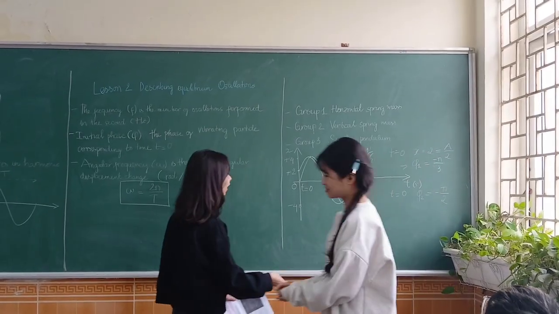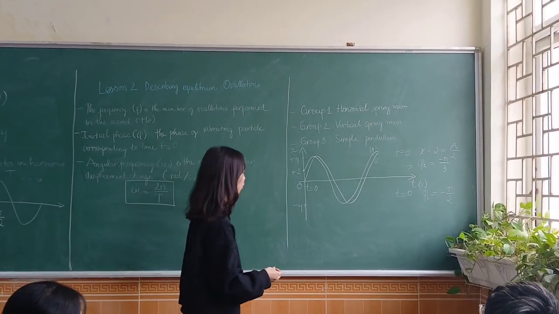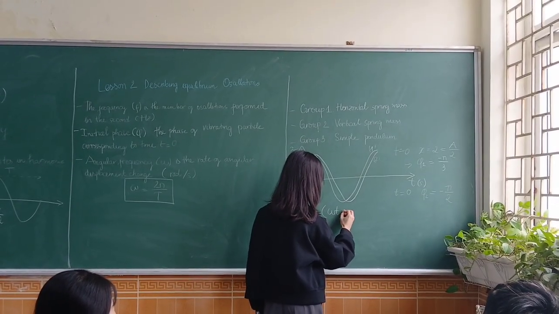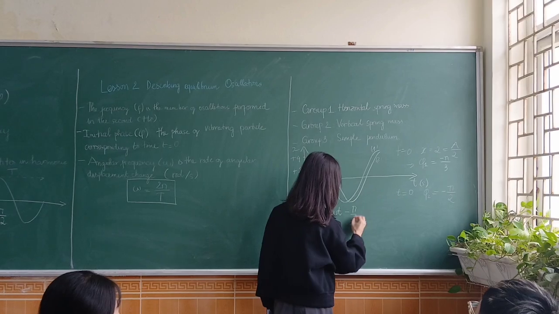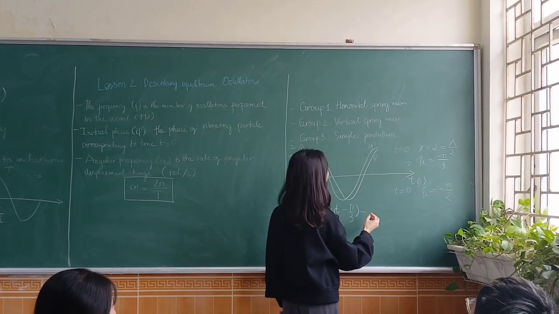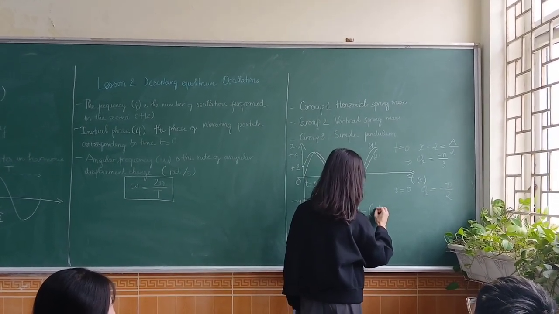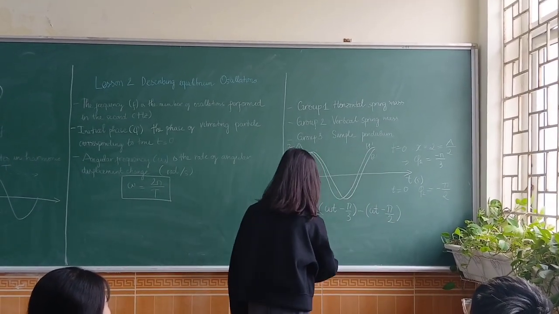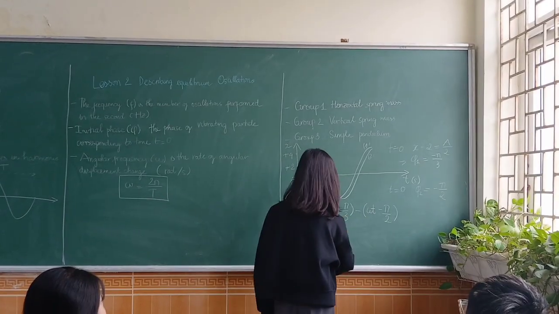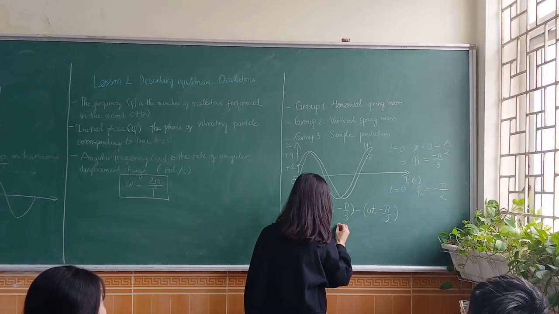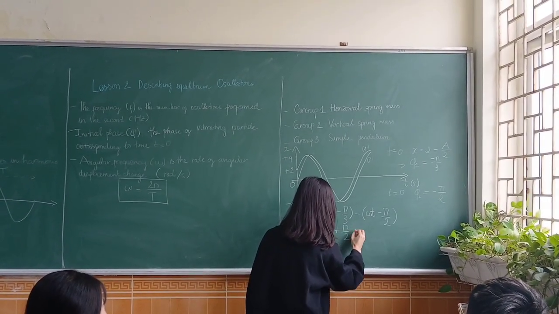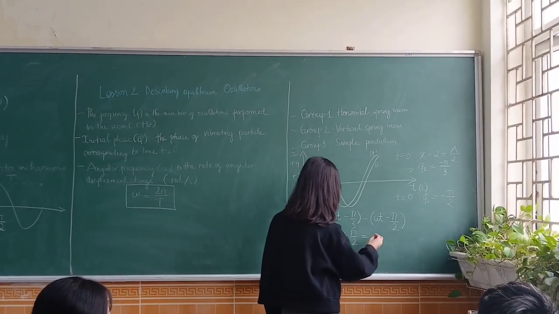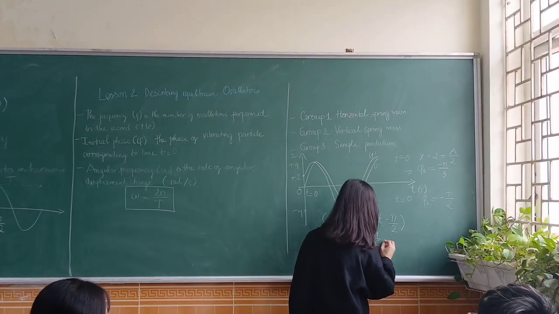Now I can compare the phase of motion 1 and motion 2: omega t minus pi over 3 and omega t minus pi over 2. Then the difference equals minus pi over 3 plus pi over 2, and the answer of this equation is pi over 6.